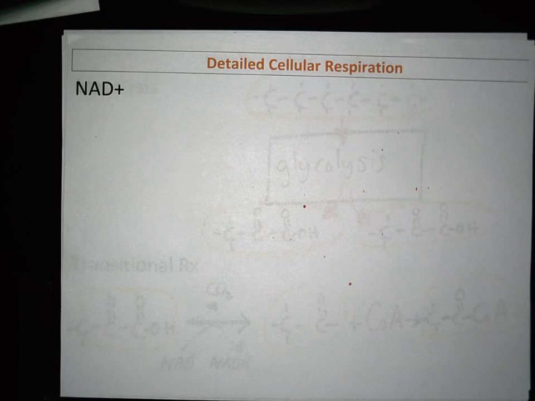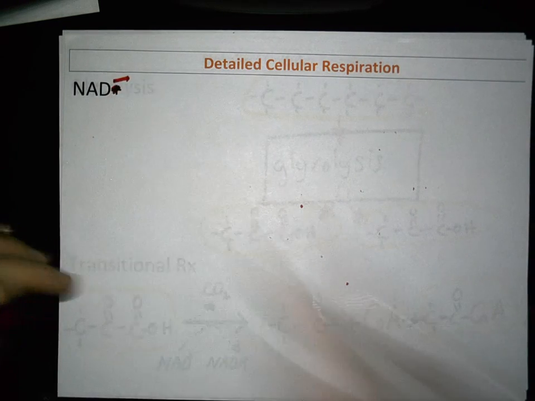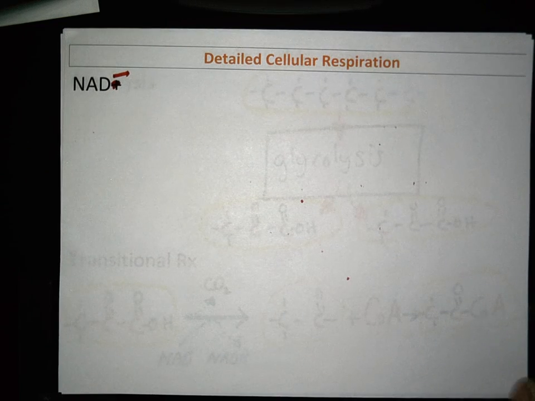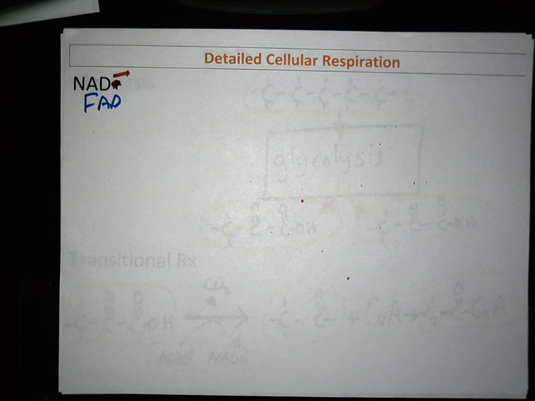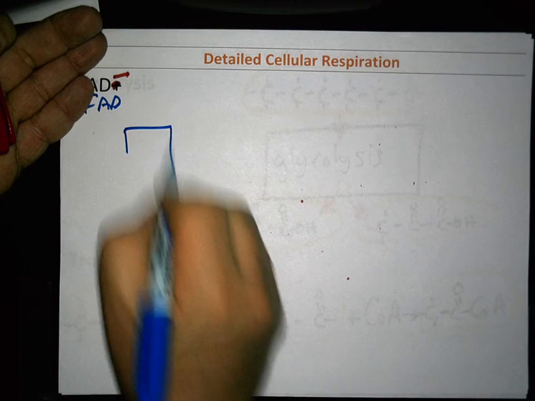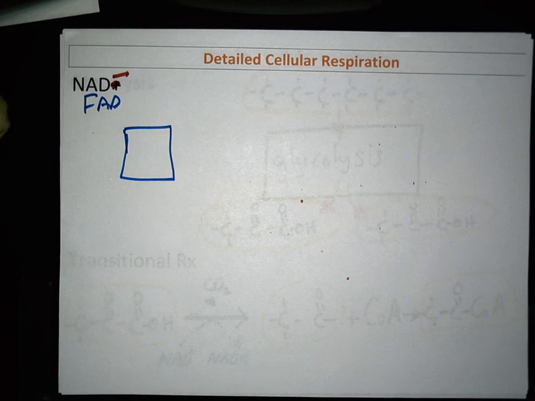Role of NAD. We talk about NAD here, picking up the hydrogens. NAD should be negative. NAD is an electron carrier. You'll also find in the Krebs cycle another electron carrier called FAD. They work the same way. You have your NAD.